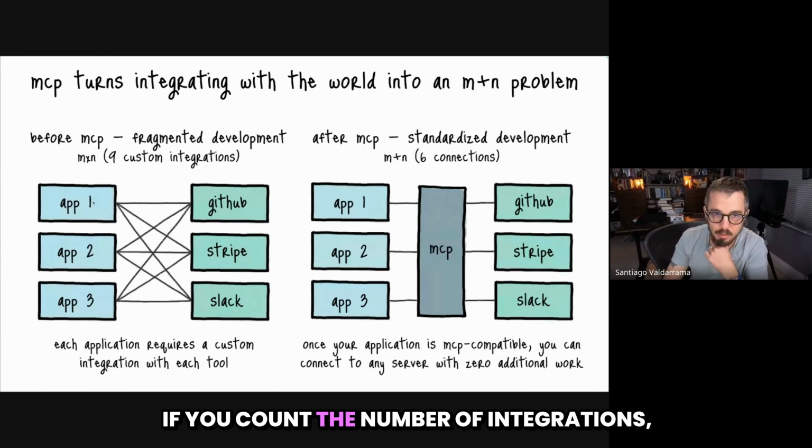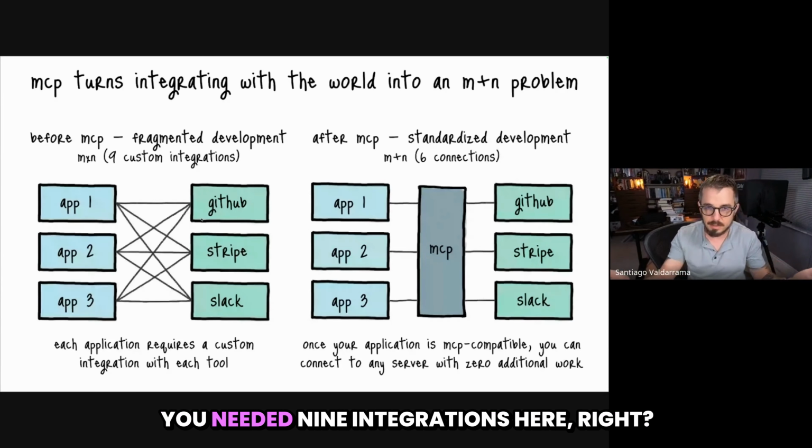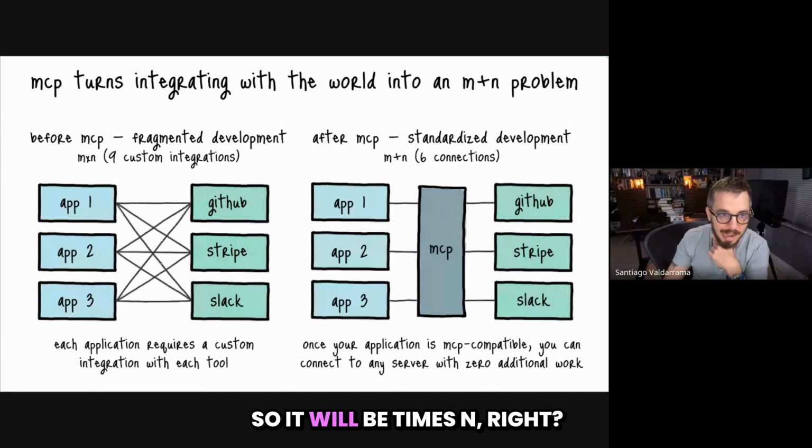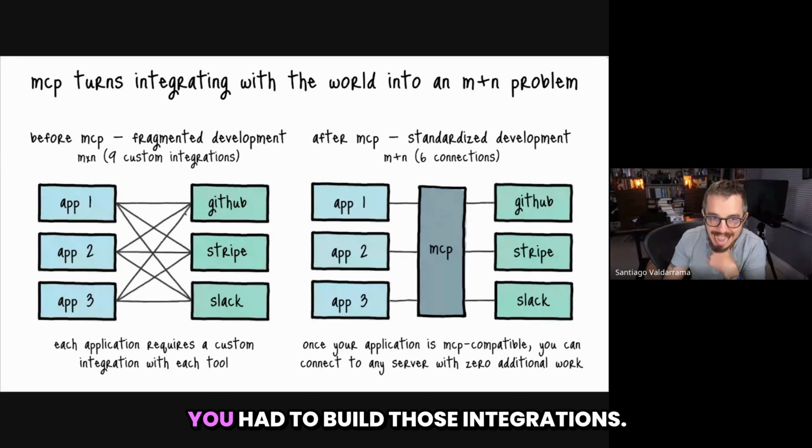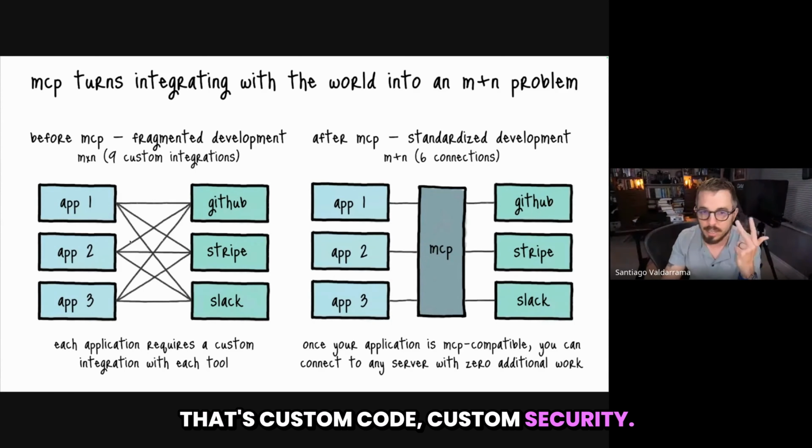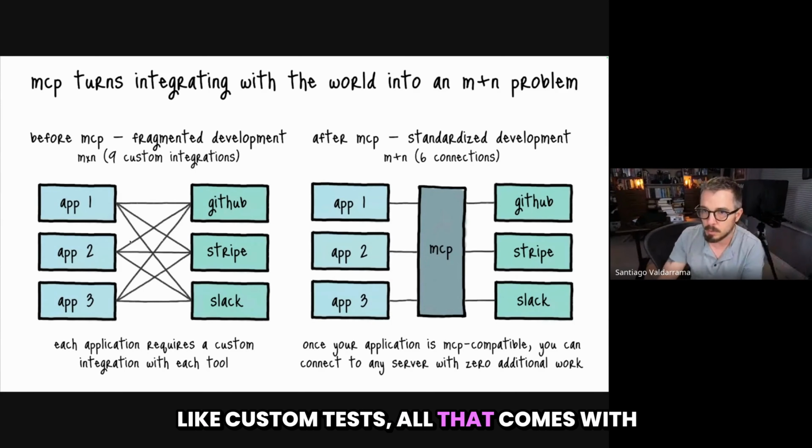If you count the number of integrations, you needed 9 integrations here, right? So it would be n times n, right? You had to build those integrations. That's custom code, custom security, custom tests, all that comes with that.